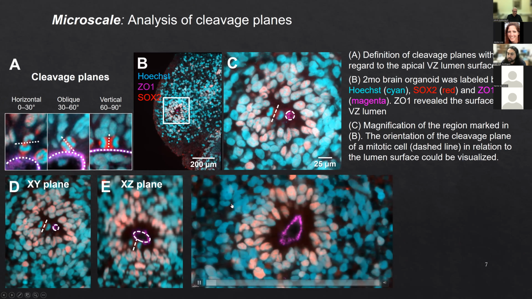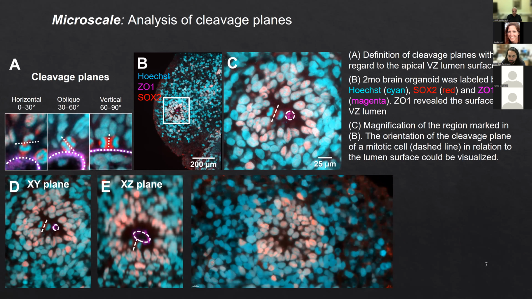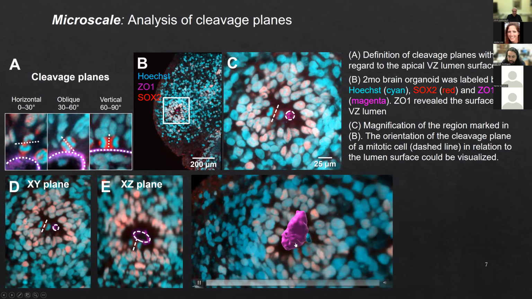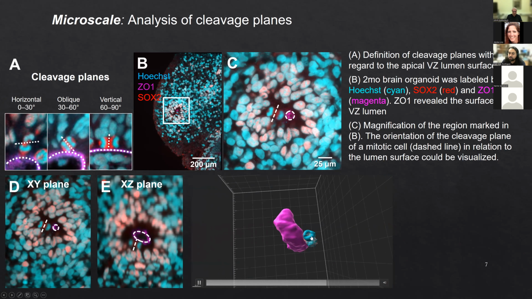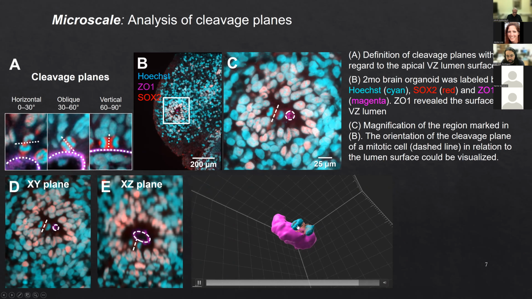That's why it's important that we can keep all the 3D information of this sample in order to properly analyze this kind of subcellular structures, like I'm showing you in this video here.